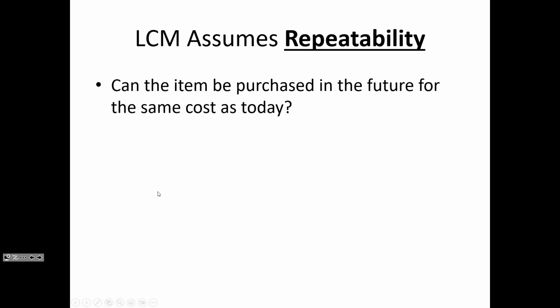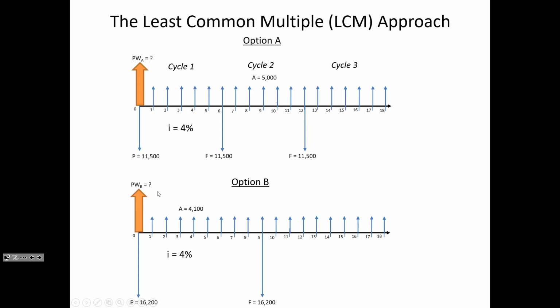But the assumption here when we apply the LCM method is that it is possible to purchase the item again, and that there's additional items available to be purchased, and maybe it'll be the same cost in the future, maybe it won't. You'll notice that here we've assumed that the prices didn't go up when you're purchasing it in the future. You could adjust that. You could say maybe $12,000 in the second cycle and $13,000 in the third cycle.